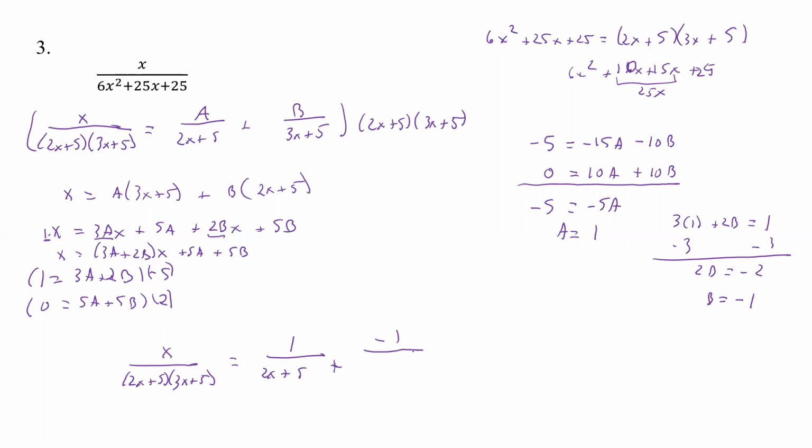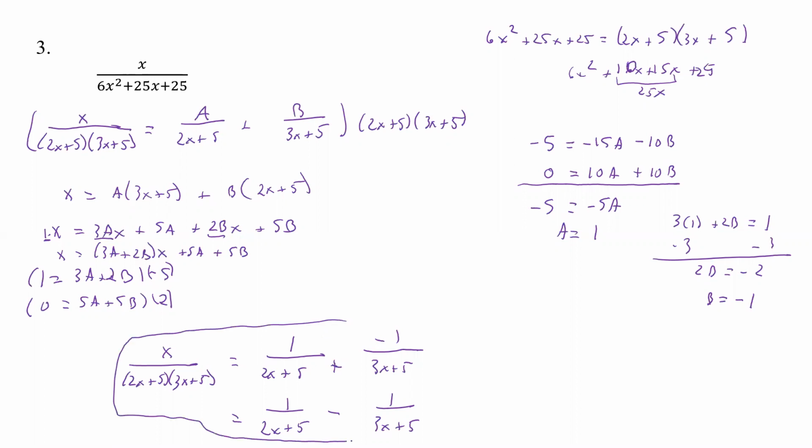So it's -1 over 3x plus 5. Now you could also say, well, this is 1 over 2x plus 5 minus 1 over 3x plus 5, and bring that negative here and make it a negative in between, or you can just leave the negative up here. So either way, it will work. It's the same thing. It just depends on how you like your ones and your negatives and stuff.